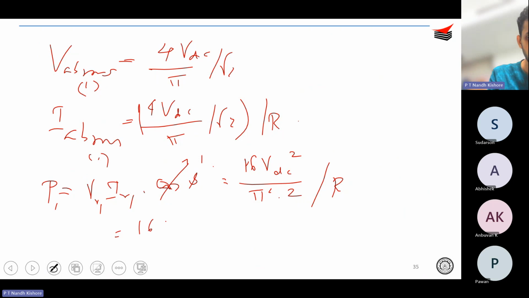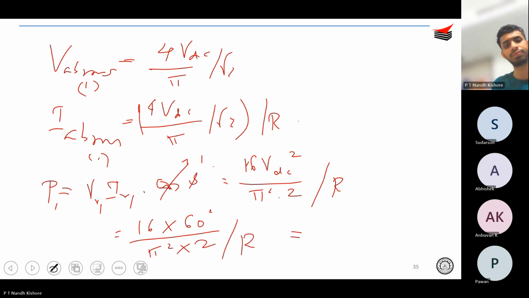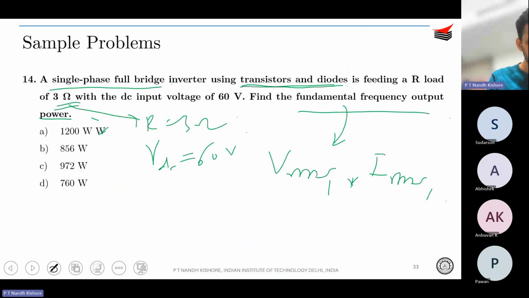So 16 into 60 square divided by pi square into 2 over R. Yeah, so it's around 9.6 kilowatt if I'm right.